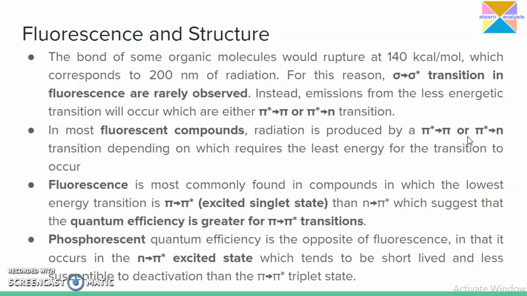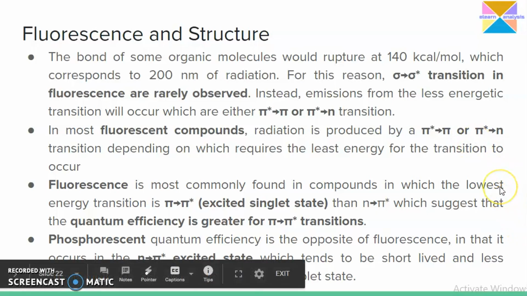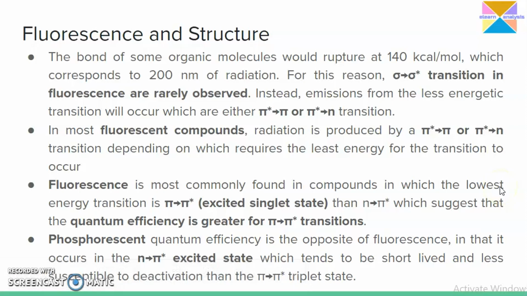Fluorescence is most commonly found in compounds in which the lowest energy transition is pi to pi star, excited singlet state, rather than n to pi star, which suggests that the quantum efficiency is greater for the pi to pi star transition. The higher the quantum efficiency, the more probable it is that the compound or molecule shows fluorescence.